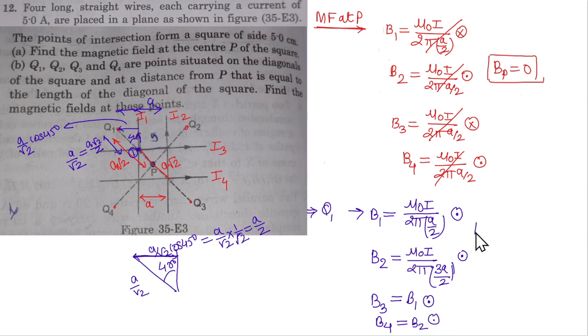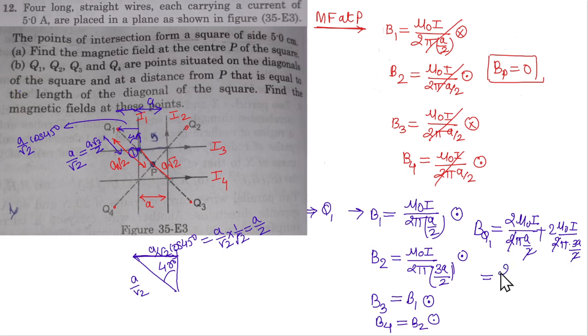So the net magnetic field at Q1 is equal to 2 times mu naught I divided by 2 pi into a by 2, plus 2 times mu naught I divided by 2 pi into 3a by 2. Solving this further, this 2 will cancel out and this 2 again will cancel out.